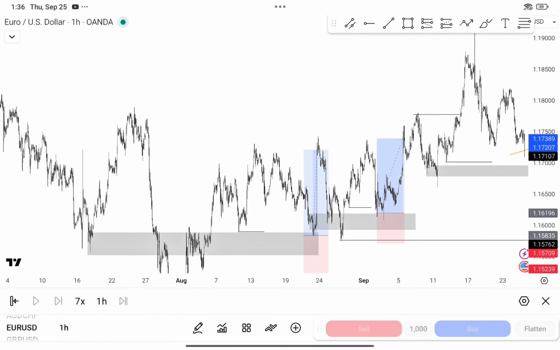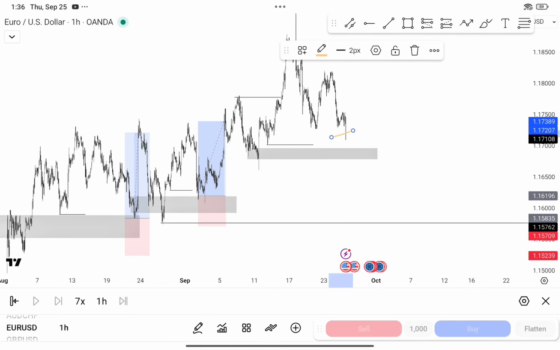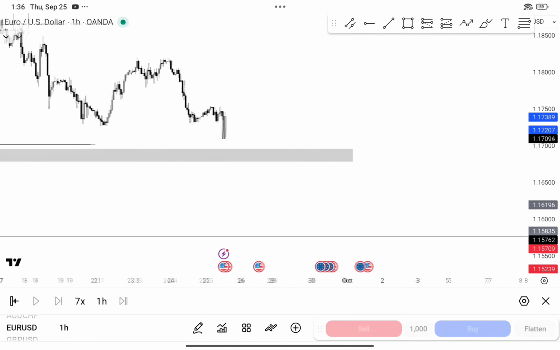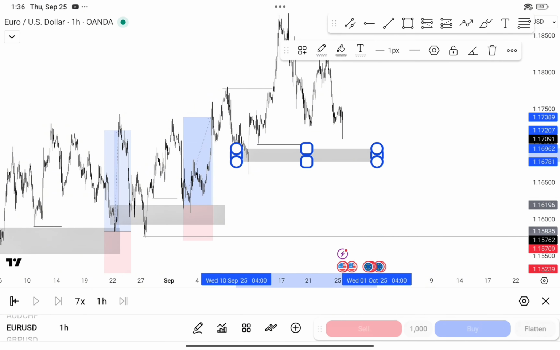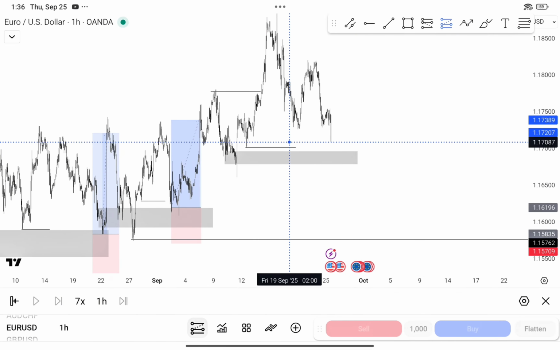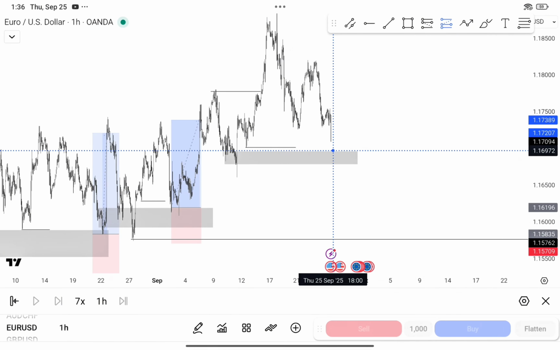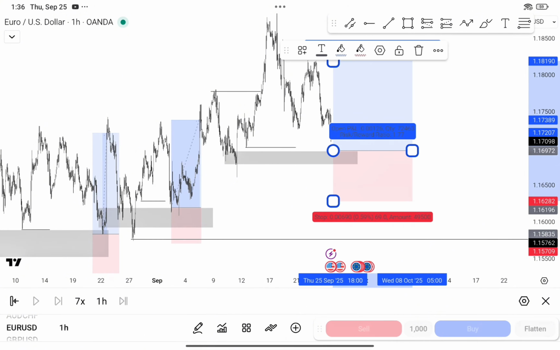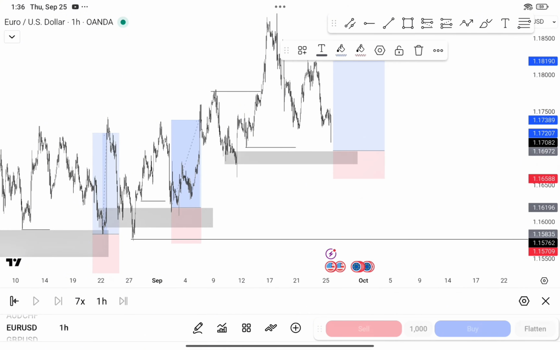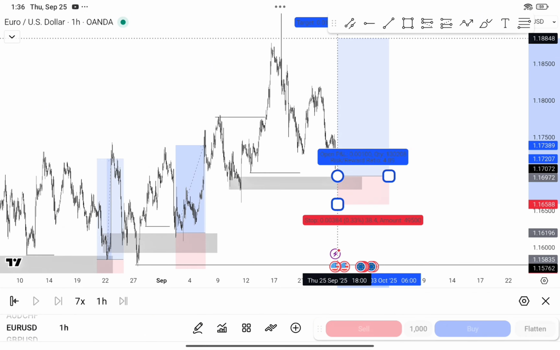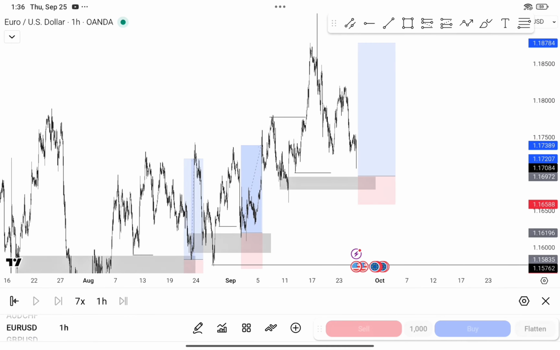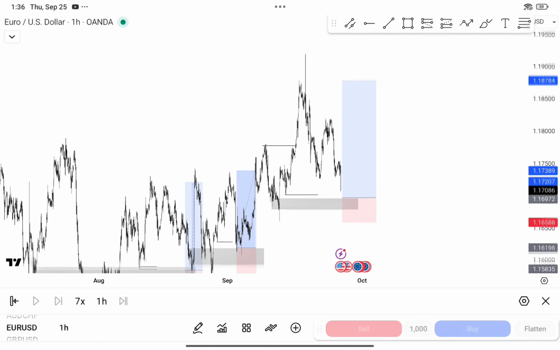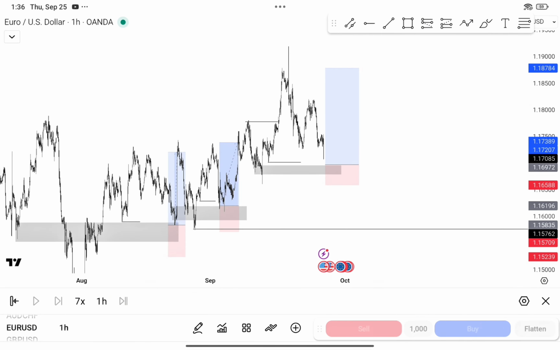Okay, this is where price is at the moment. So let us see what Euro USD will have for us. And that's how you can spot and trade the reclaimed block.